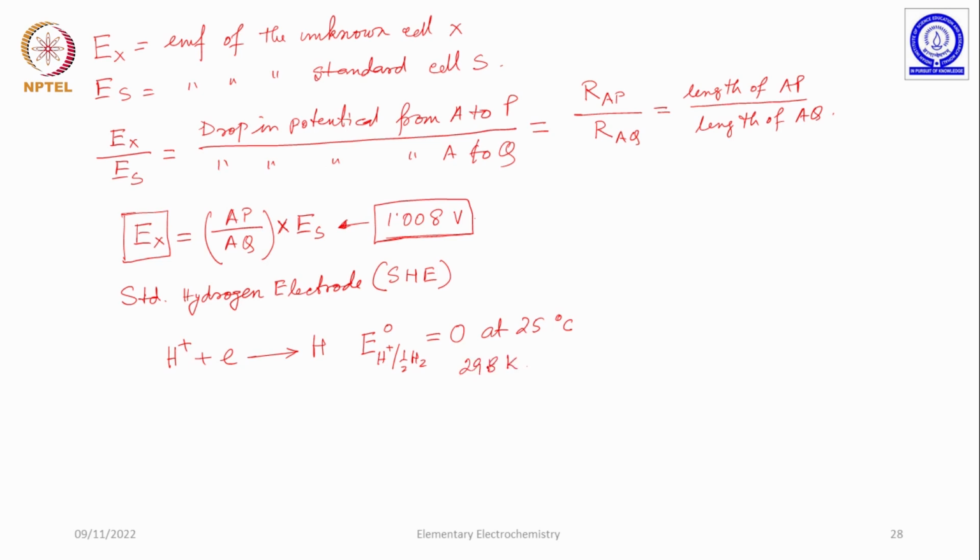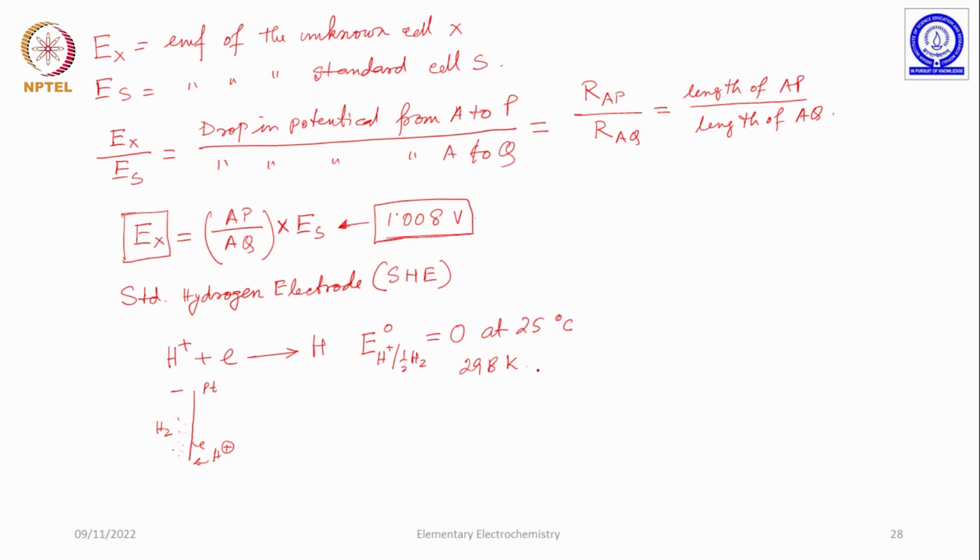This is conventionally taken as 0 in electrochemistry. If you use a platinum wire as electrode, and this electrode is a negative electrode, H plus ions will come close to it, take the electron from the electrode and bubble along the electrode as hydrogen gas.